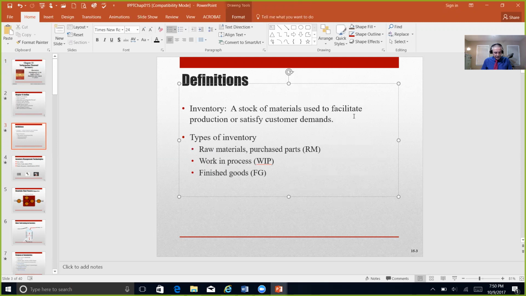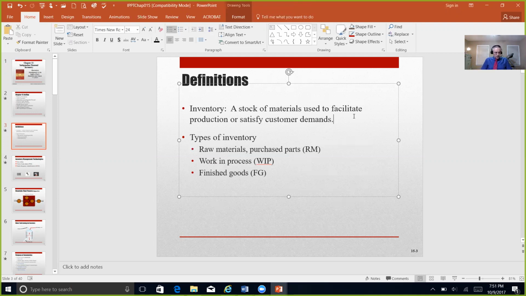It covers the entire gamut. Decisions relating to managing inventory are an opportunity every company has to improve its control of inventory, because inventory certainly has a direct cost and ties up a lot of capital.